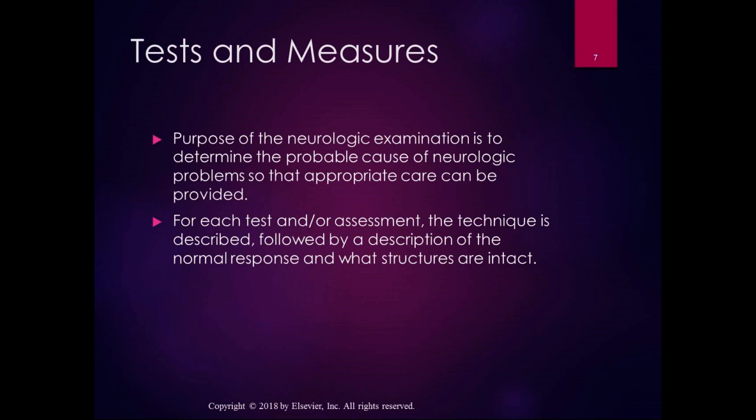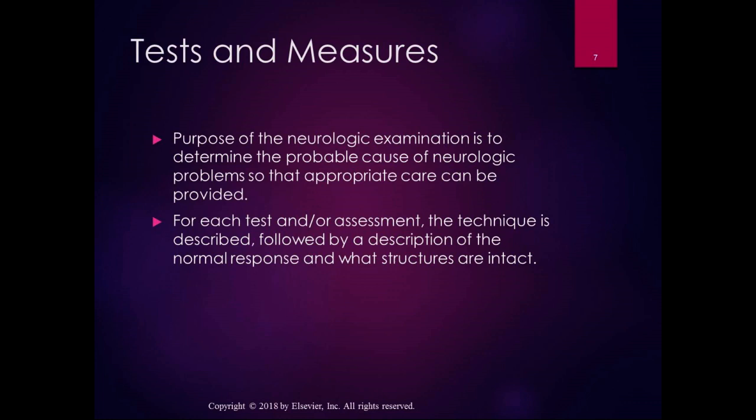In a physical therapy setting, we probably already have an evaluation from the primary physician or neurologist that has determined the probable cause, but the PT is trying to test to come up with the appropriate plan of care so we can really get that person to be as functional as they can possibly be.